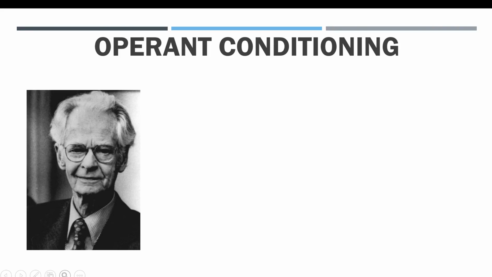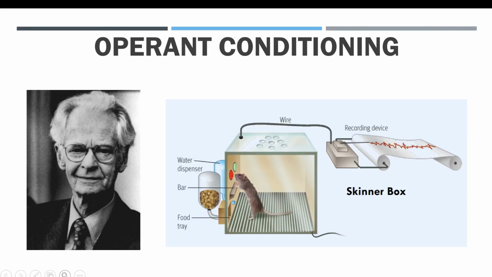And Skinner tested operant conditioning with his Skinner box, in which he placed a rat in a box that looked like this. And the rat had to press a lever in order to obtain food. And then using speakers and different colored lights, Skinner would reinforce the rat to press the lever to get food and be reinforced for that behavior.